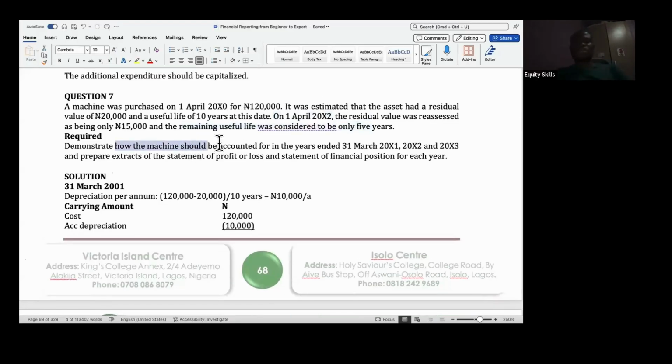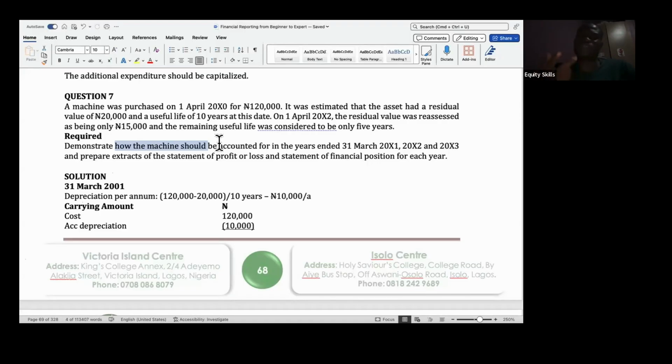Okay, so this is similar to a question we have solved before. It's good it's coming again. So, this is an opportunity to understand it again. And what I told you not so long ago is that whenever there is a change in useful life or there is a change in residual value, the only impact it will have is that our depreciation from that year going forward will change.